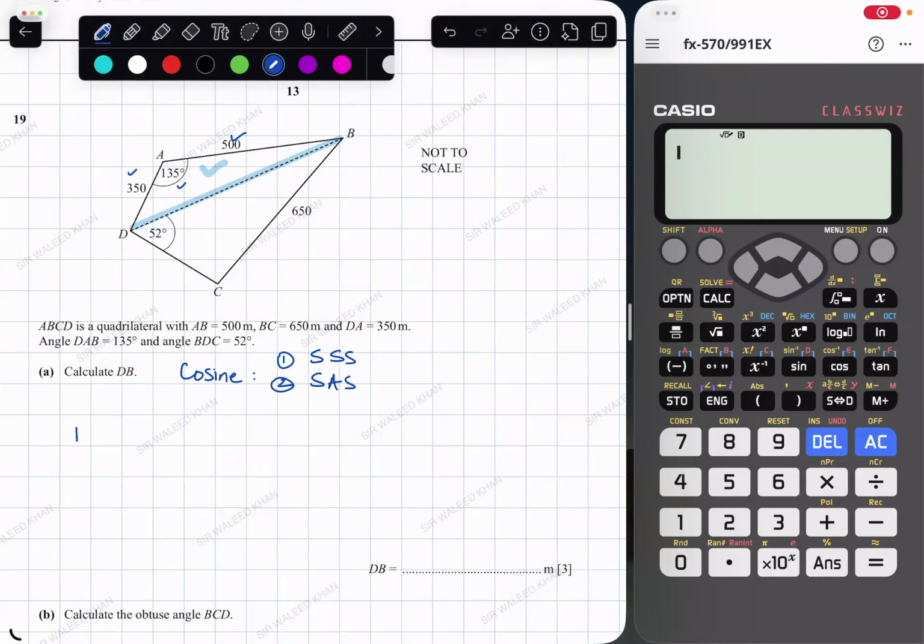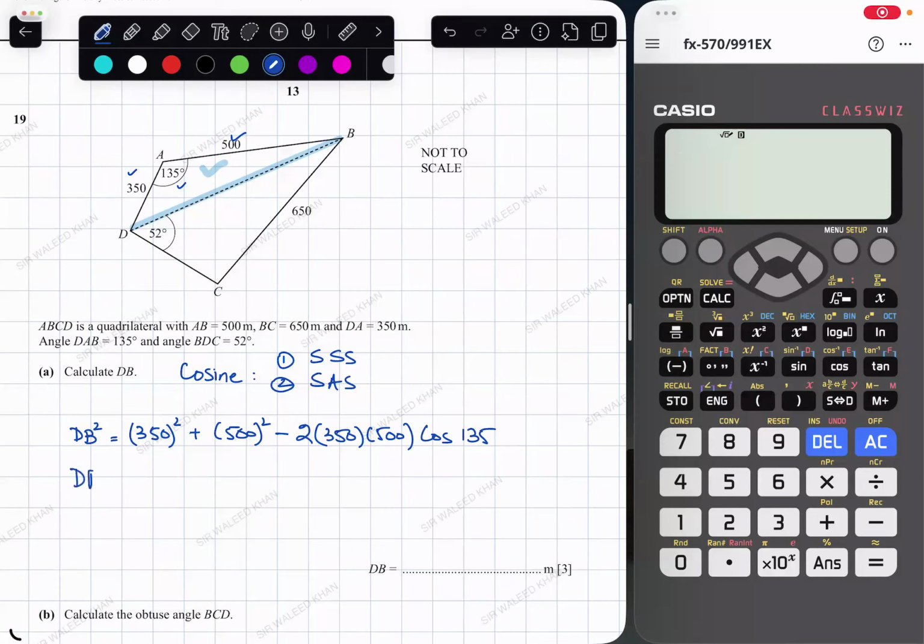That would be DB squared is equal to the other two sides, add them and square them, minus 2 times the same two sides, cos of the angle opposite to the missing side, which is 135. This formula is given in your formula sheet. The other rearranged formula, if you remember it, well and good. Otherwise, you can always refer to this one.